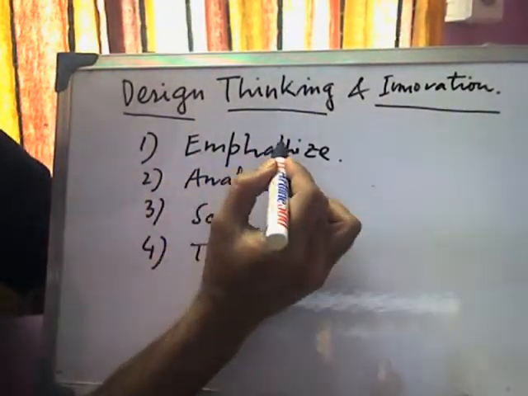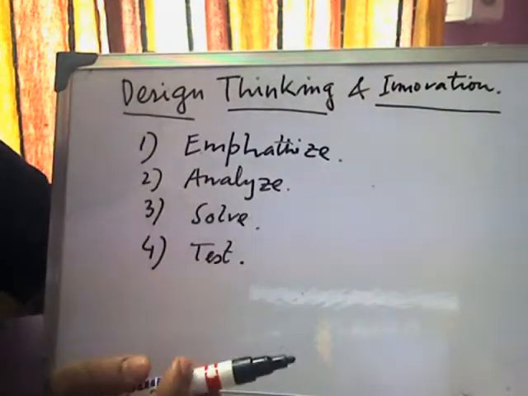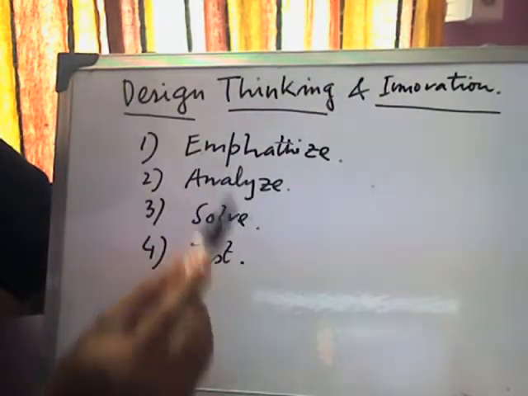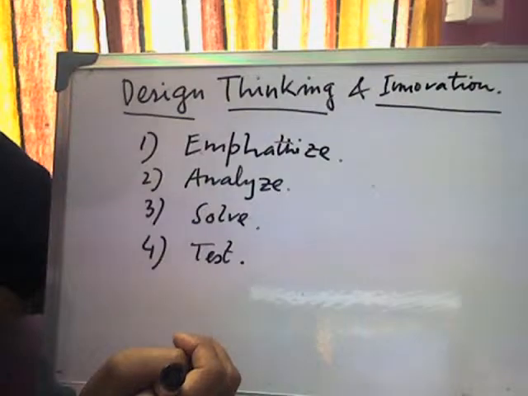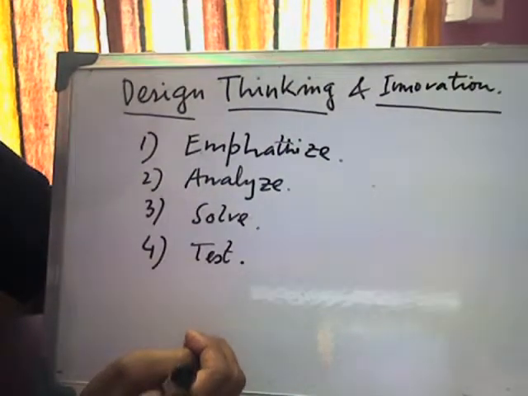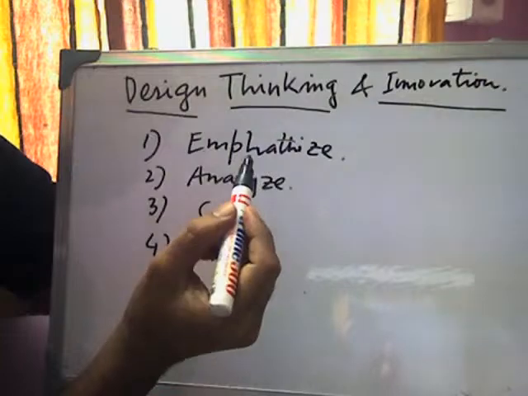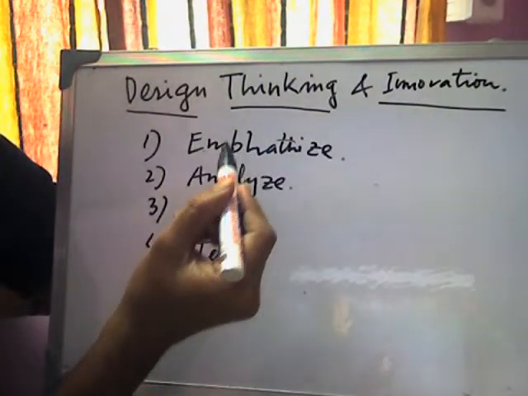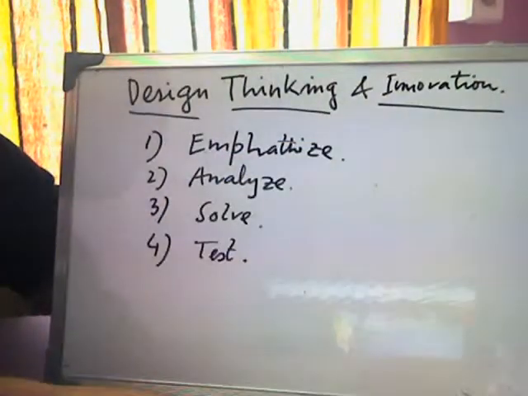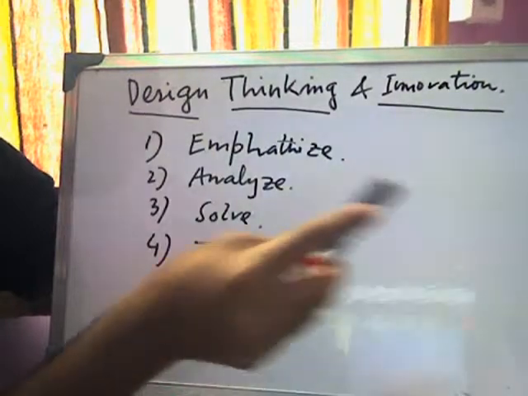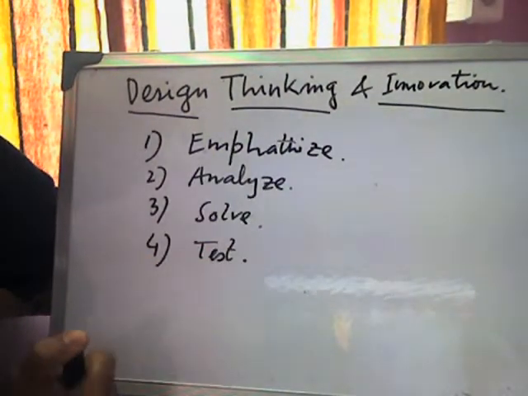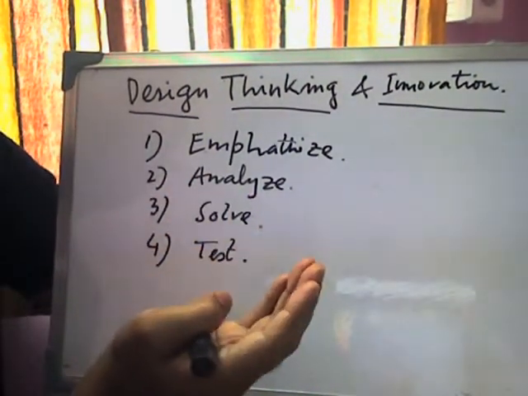But what is empathize? This design thinking is basically human centric, and empathize means you have to look into others' thinking, whether some people on the other end are in trouble or not, and in which trouble they are.